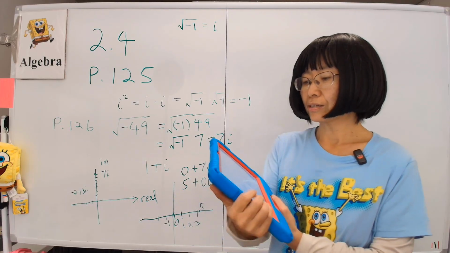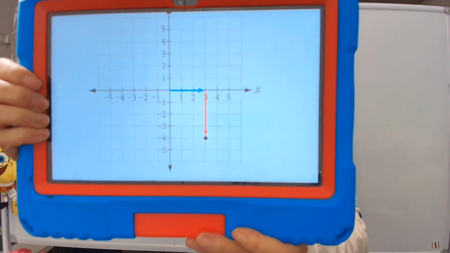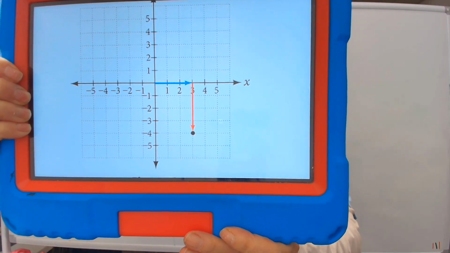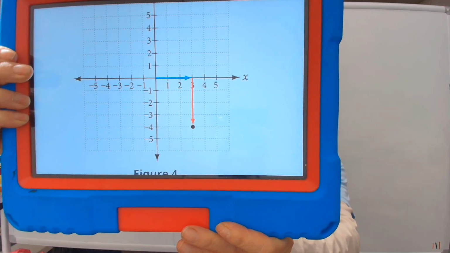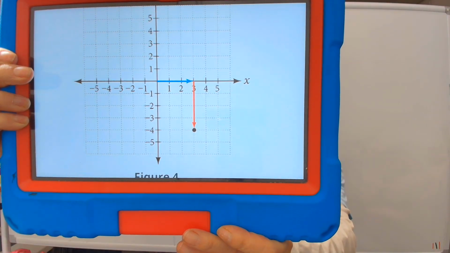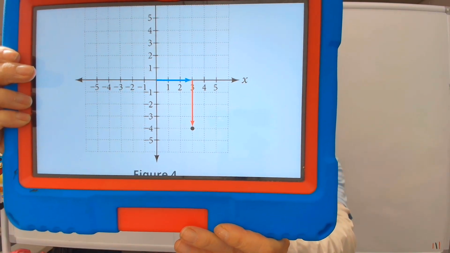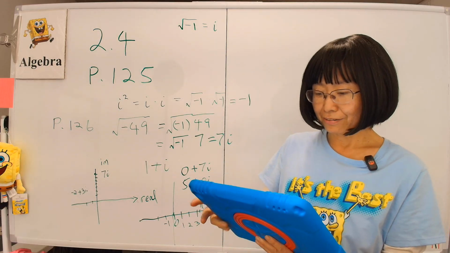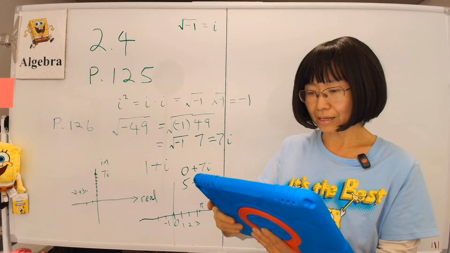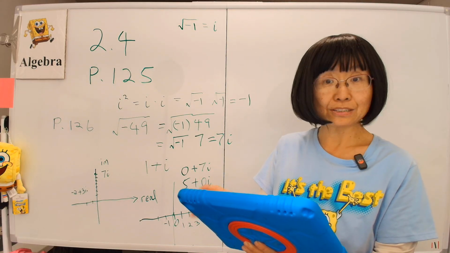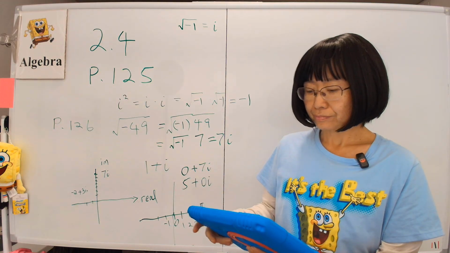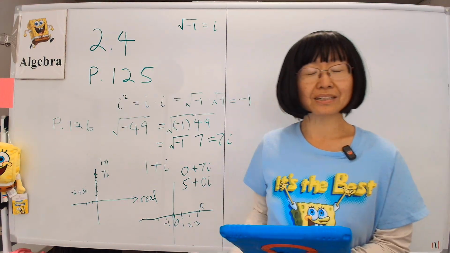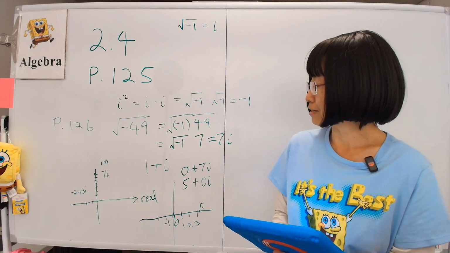So we're going to positive 3. Okay, we are doing 3 minus 4i. So we're going positive 3 in the x direction, and then in the I direction, which is the y direction, we go down -4, because it says minus 4i, and that dot is the 3 minus 4i graph. And by now you may think that seems a bit confusing, that this is identical to the xy plane.